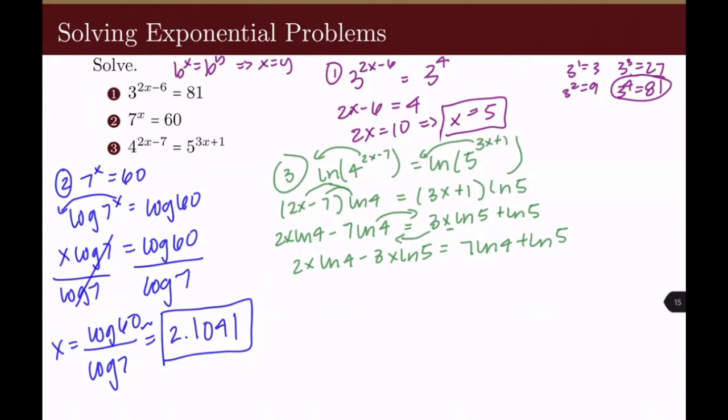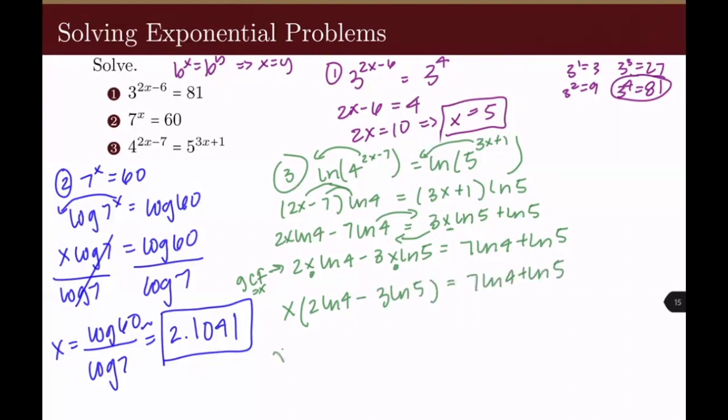Okay, the next step is a little trick. You are going to take the GCF of this, which is x, right? So you'll have x times 2 ln 4, because I took an x out of here, and I'm going to take an x from here, minus 3 ln 5 is going to equal 7 ln 4 plus ln 5.